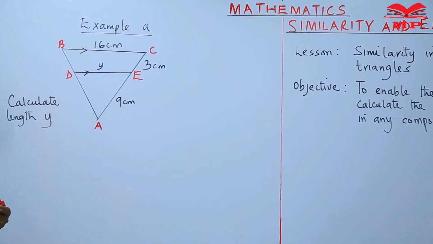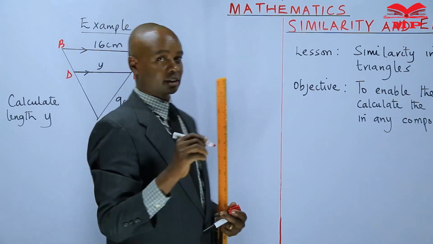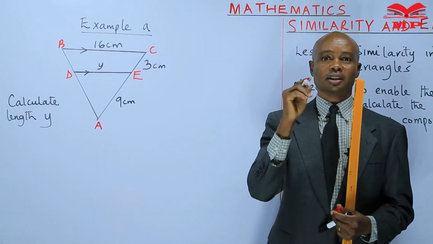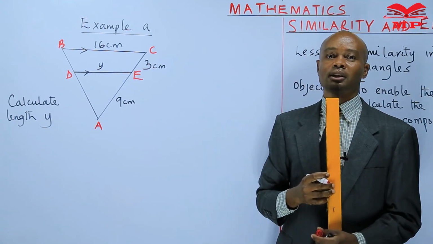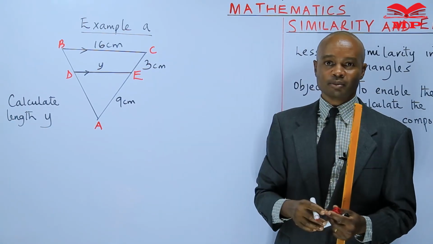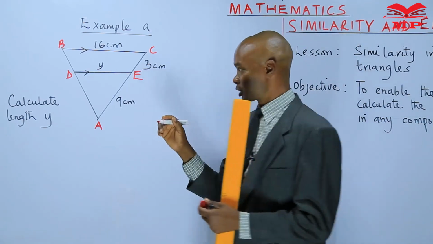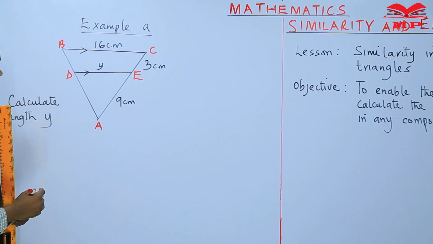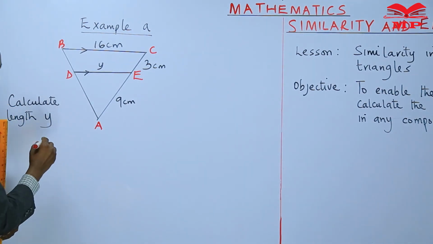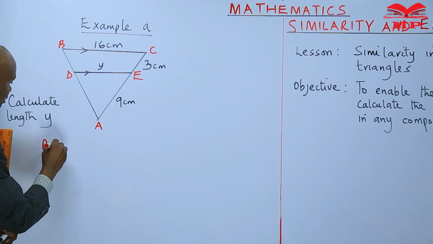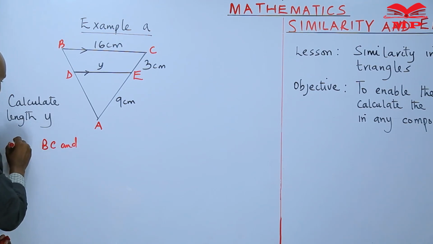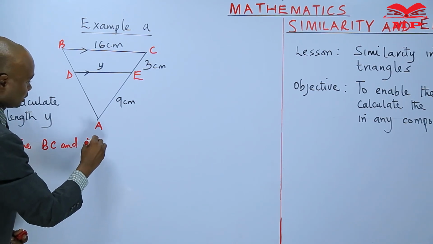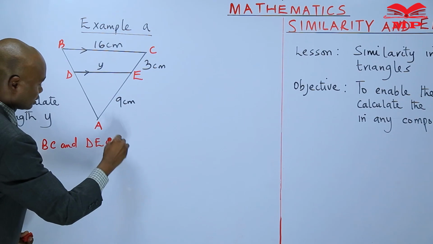So from the triangles, we said the angles in triangles are the ones that make them similar. If the corresponding angles are equal, the triangles will be similar. So let's come here. The two lines DE and BC are parallel.